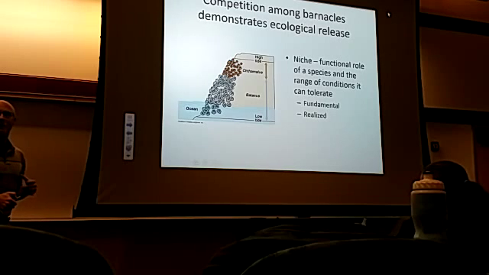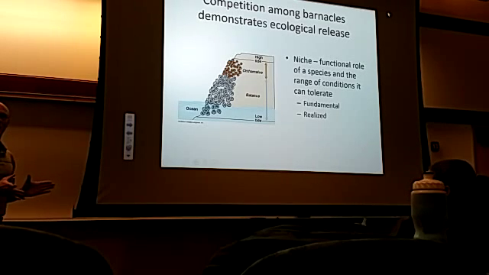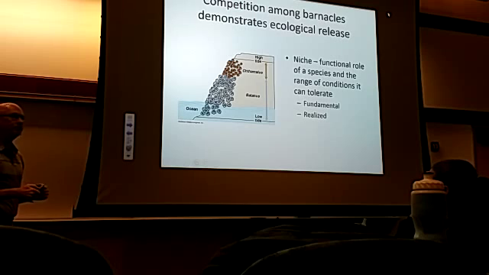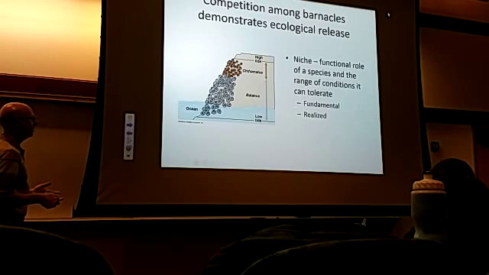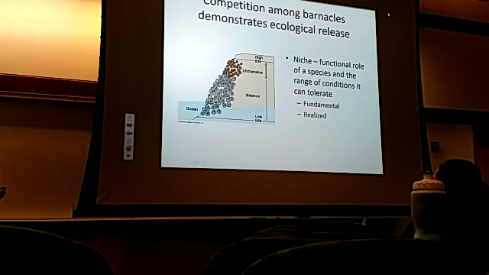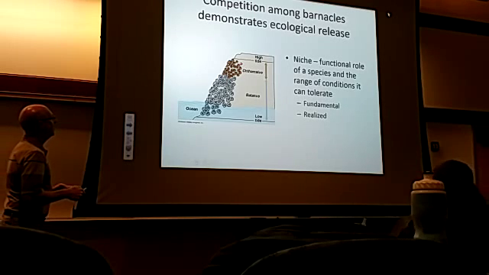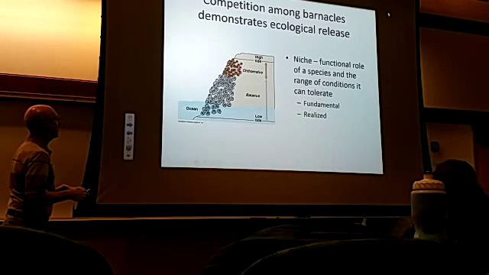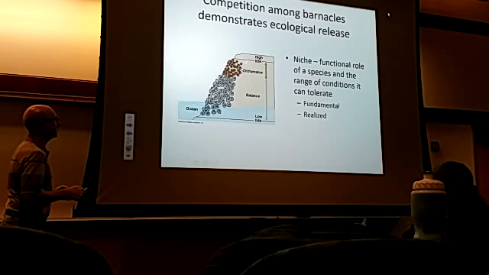But when you factor in the presence of a competitor, the niche size changes because the use of resources must be different. So there are two different versions of the niche that we talk about. The fundamental niche is the version of the niche that describes the species' use of resources if no competitors are involved. And in this case, Thalamus has a pretty wide fundamental niche that isn't being reflected in this competitive situation.